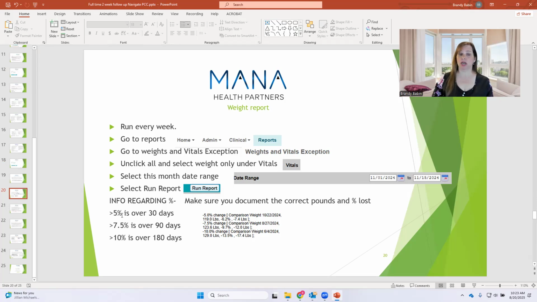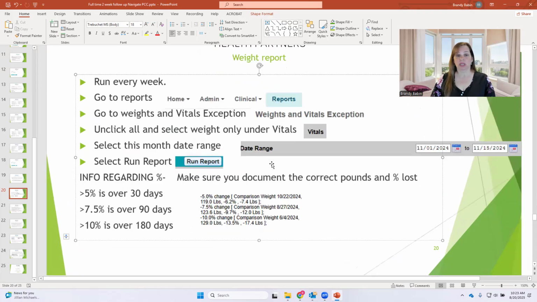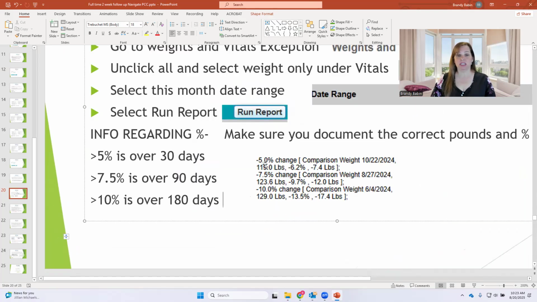And so I wanted to clarify, because sometimes it's not clear. On an MDS, anything over 5% is documented as a 30-day. So if you can see this 5%, regardless of what the whole rest of the note says, if this says 5% here, we're saying that that's a 30-day note.